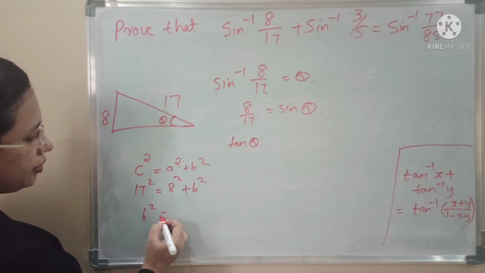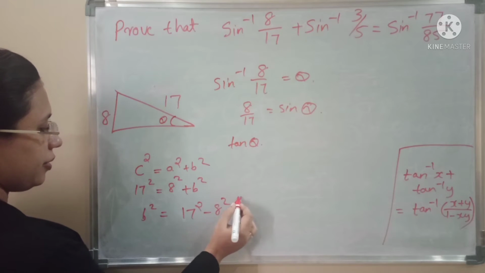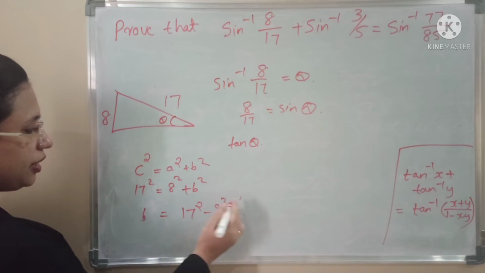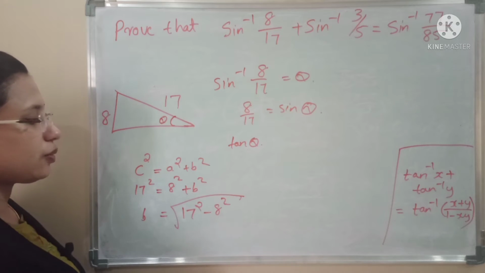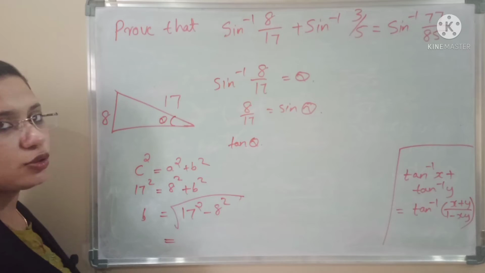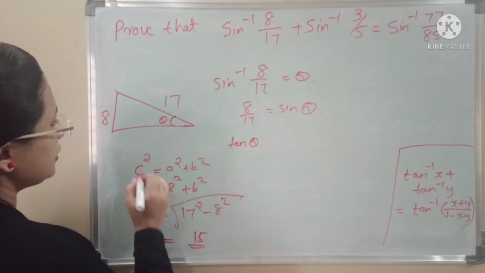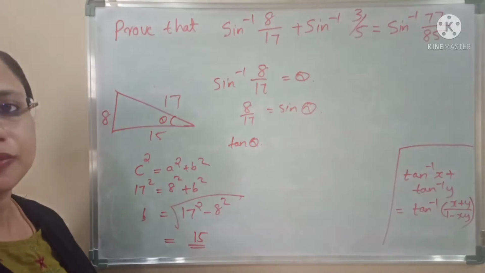So b square will be equal to 17 square minus 8 square. So b will be equal to root of 17 square minus 8 square. Just calculate this value in your calculator. So b value will get as 15.